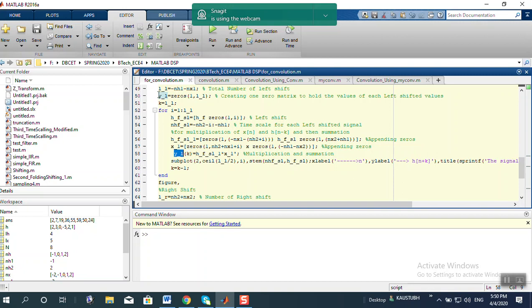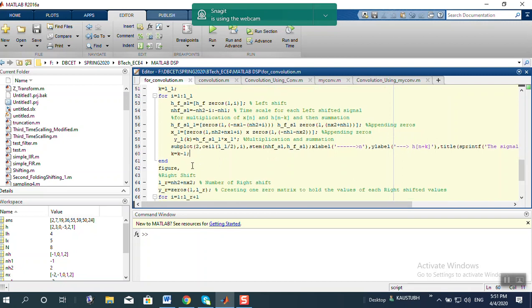Therefore I have initialized k with 5, L of L, which is 5 in the given example. So k is 5, the first one will be y of 5, then k minus 1, so next will be y of 4, next y of 3, next y of 2, next y of 1, and like that it will go on, because it goes from left to right.